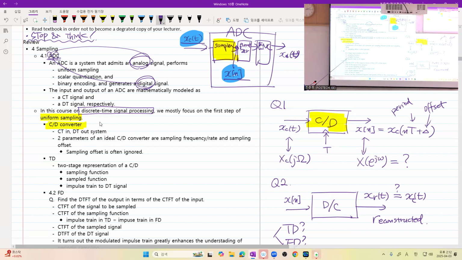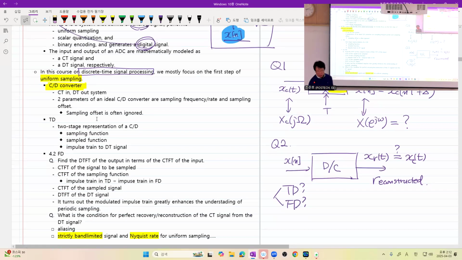In the time domain, this block is easy to understand because the output is simply the input evaluated at some integer times the sampling period plus offset. However, in order to understand it in the frequency domain, we convert this one into a strange two-stage representation. And what was that?